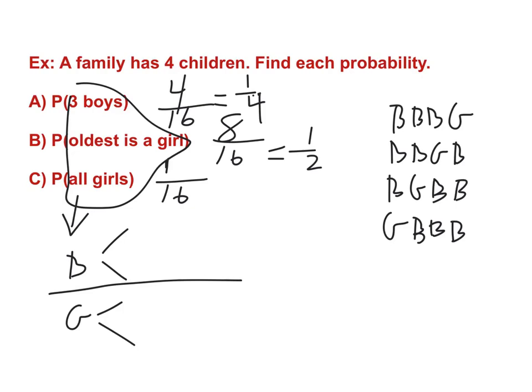Yeah. You have an unlimited supply of paper. Take up the space to do it. If you don't like the tree diagram, don't use it. If you would rather make a table like this, fine, do that. But just remember, for the tree diagram, each event always has the same number of possibilities.